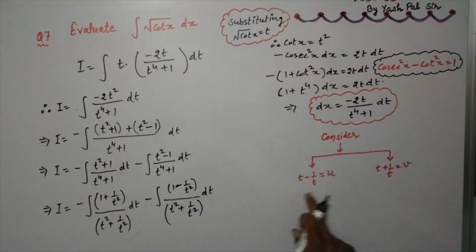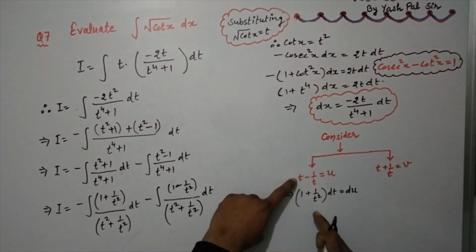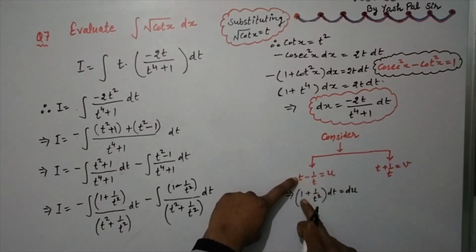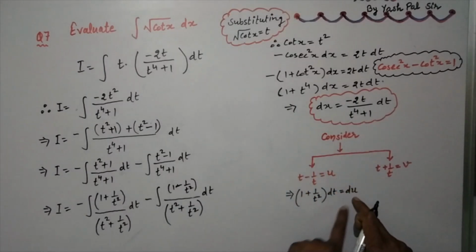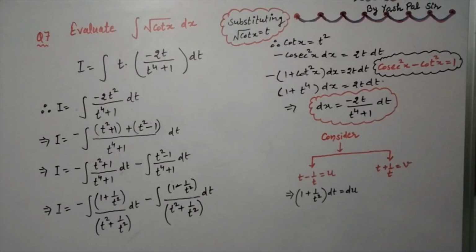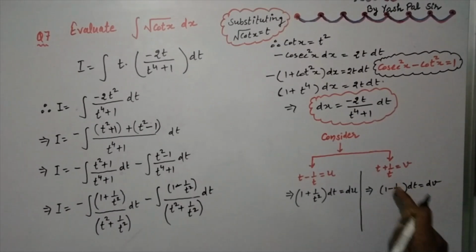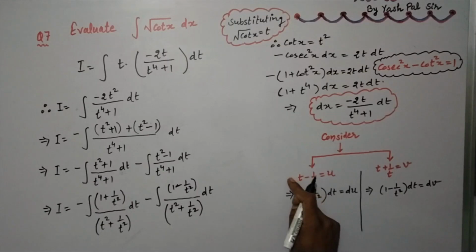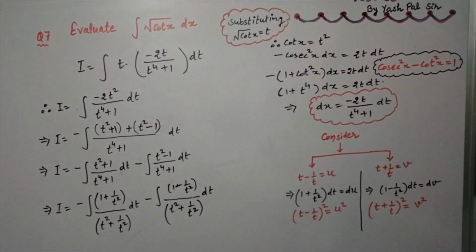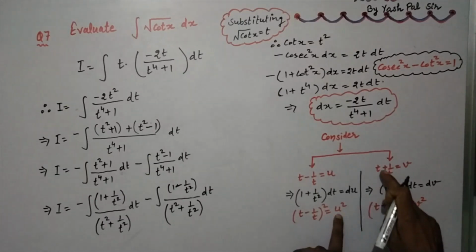Now one thing we do, we consider t minus 1 upon t equal to u, and t plus 1 upon t equal to v. Therefore, the derivative with respect to t, 1 plus 1 upon t square into dt is equal to du, and here 1 minus 1 upon t square into dt equal to dv.